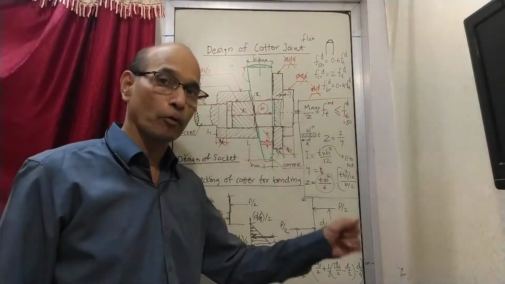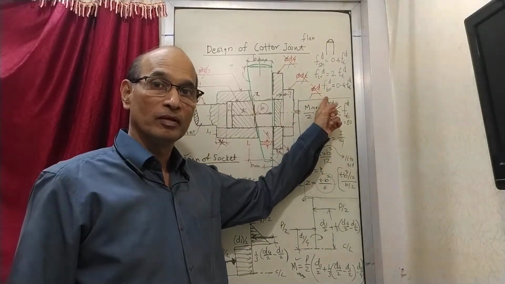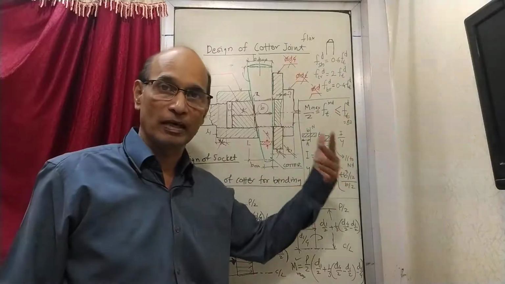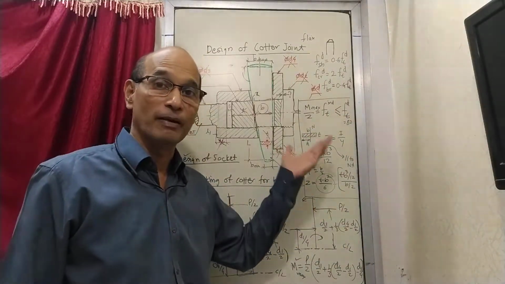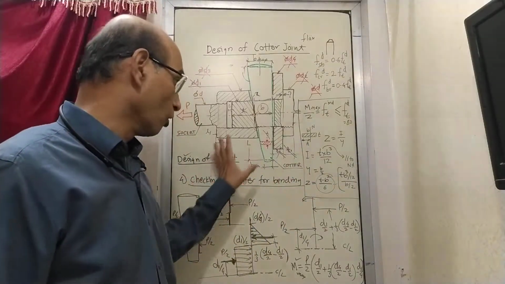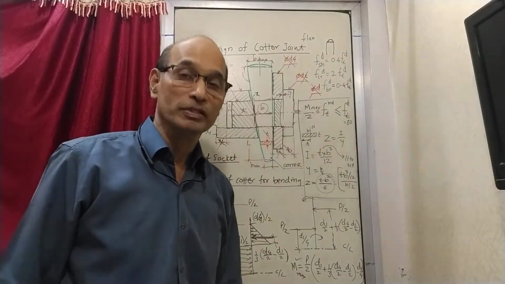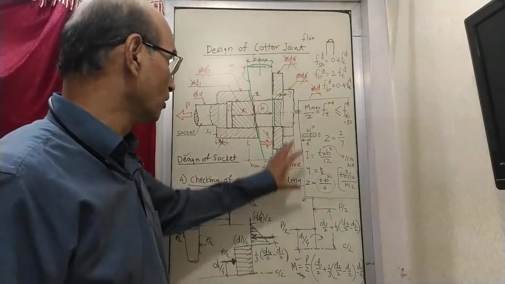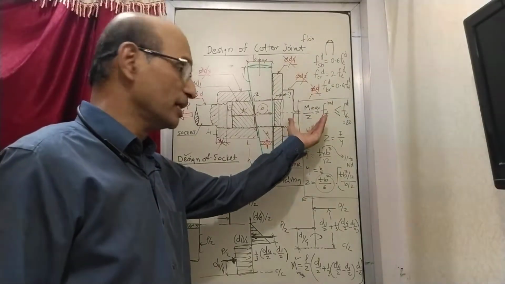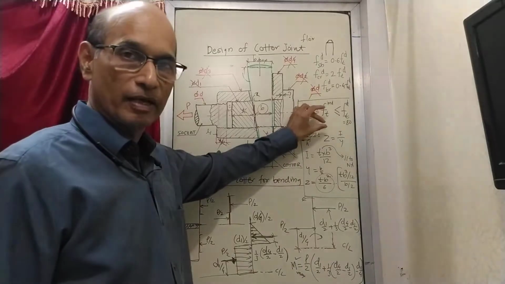But suppose for some reason it is not less, it is more. The design stress is 80 and your induced stress is, let's say, 85 or something higher than 80. That means it is failing. So now we want to change the dimension what you have already obtained and bring it down to 80. Now how you will change it? For changing the value, what you have to do is you have to increase Z. If you increase Z, then you will be able to reduce Ft.